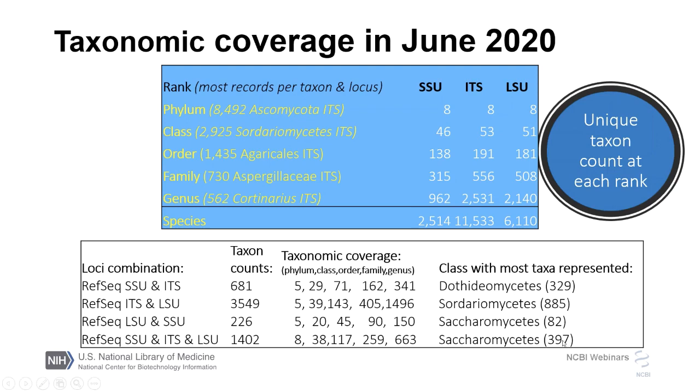And she has for you those that have the most taxa represented in these classes. And this is a breakdown by phylum, class, order, family, and genus here. And these are useful if you want to use both or as many of the genes in a phylogenetic tree. So you can get those from our FTP site or from the RefSeq FTP site, and I'll show you that in just a minute.